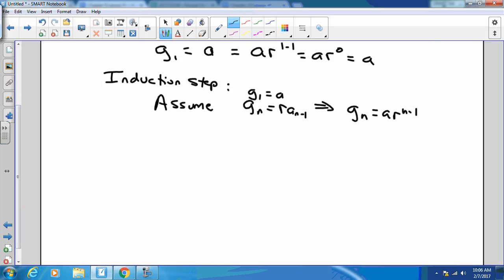Now, what is the conclusion for P of n plus 1? We're going to find that by substituting n plus 1 into our conclusion over here. It's just a mechanical step.